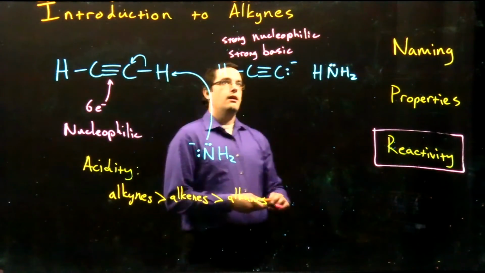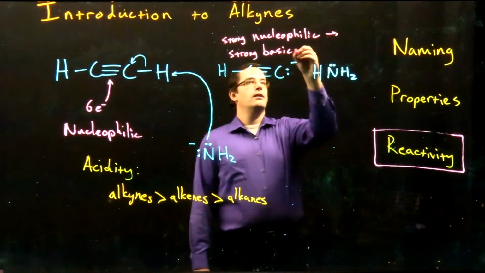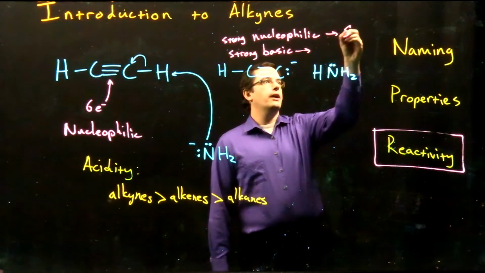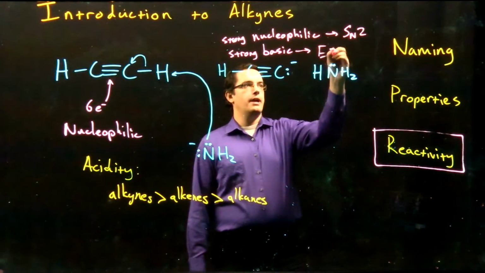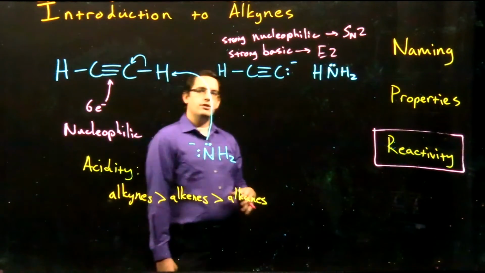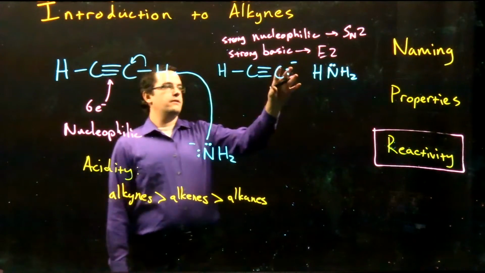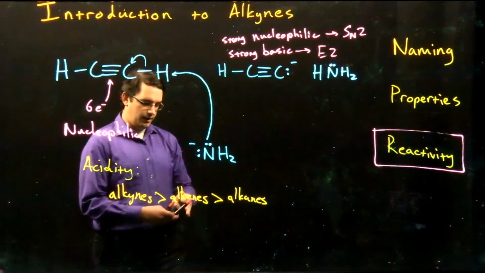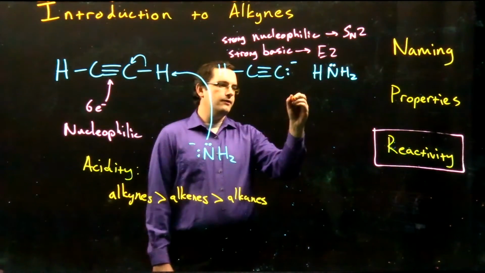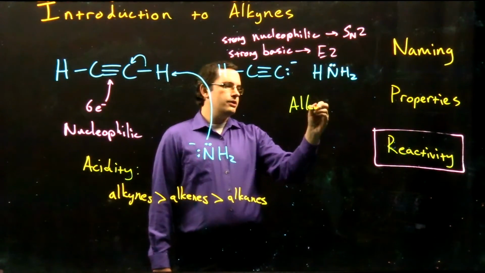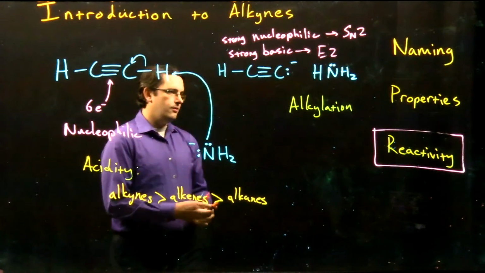Now, of course, when you see strong nucleophile and strong base, that should make you think of SN2 and/or E2 reactions. So we're going to have new reaction possibilities from this carbanion due to its strongly nucleophilic and basic characteristics. So one of the things that we can do with this nucleophile is we can do an alkylation reaction, which follows an SN2 mechanism.